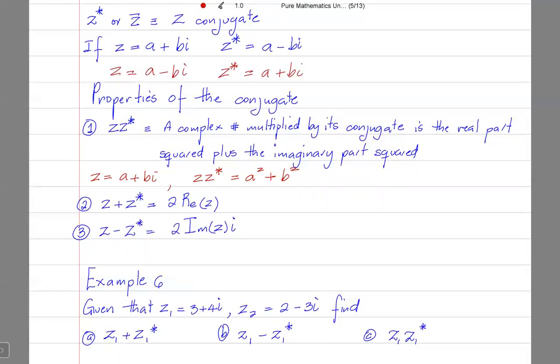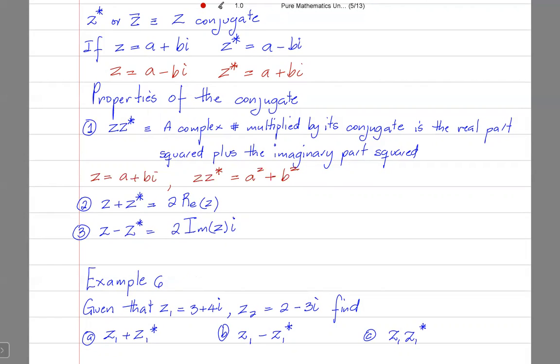So that's what it is saying: a complex number multiplied by its conjugate is the real part squared plus the imaginary part squared. That's all it is saying.